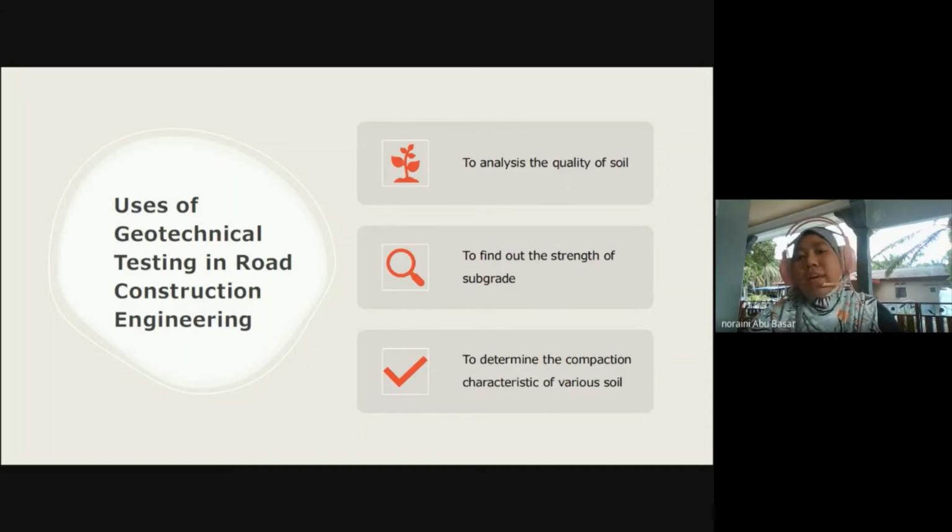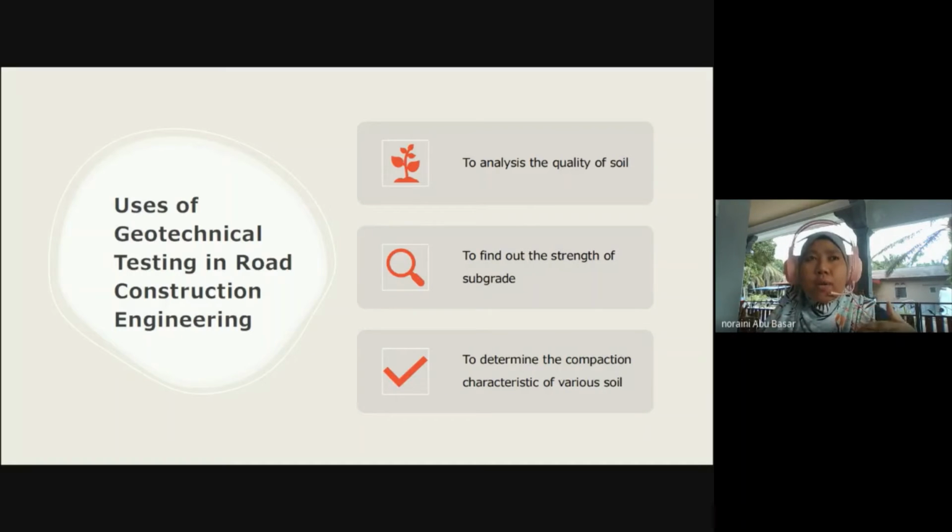Second is to find out the strength of the subgrade. If the soil is not of good strength, what material of tar or asphalt do we have to use for the road? Lastly is to determine the compaction characteristics of various soils.